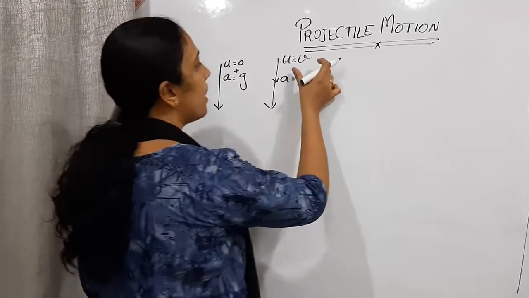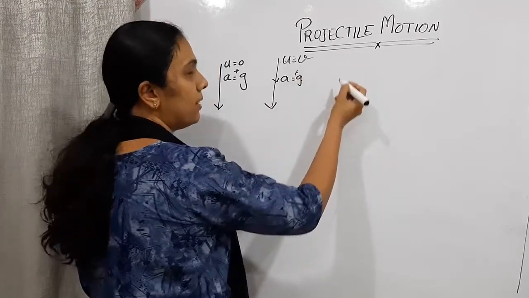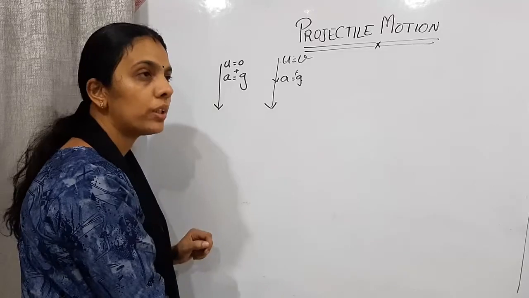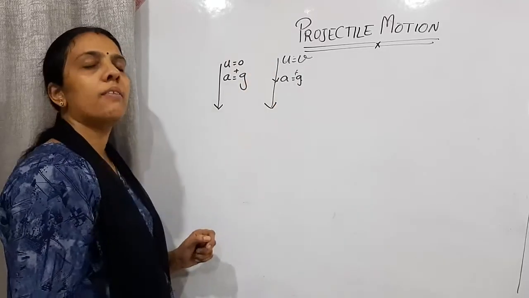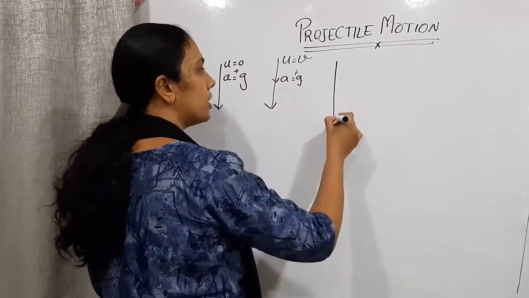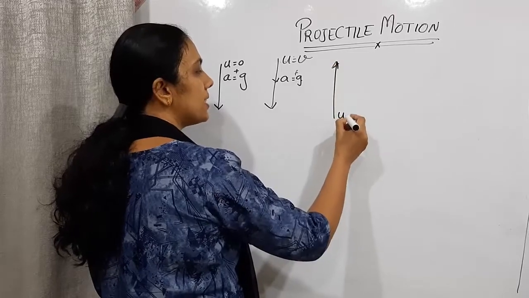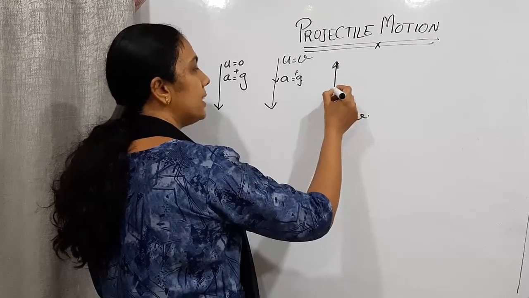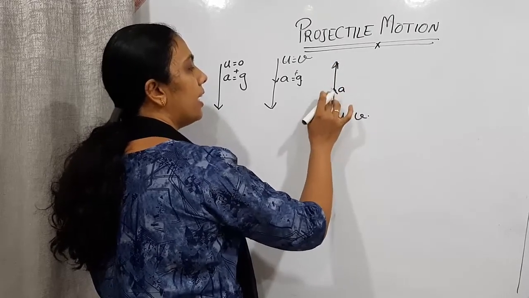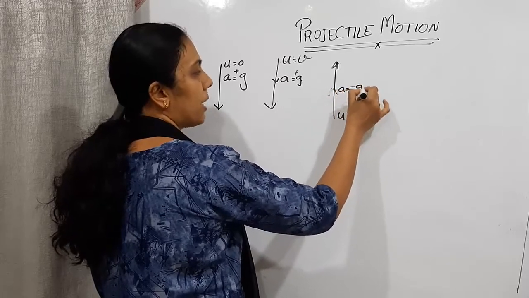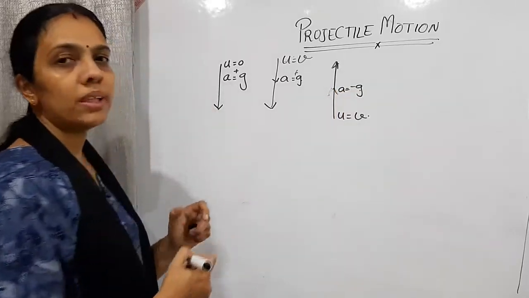Next, I am throwing an object in the upward direction. When I am throwing an object upward, what will happen? Initial velocity will be there and acceleration is acting in the downward direction, minus g. It is downward directional acceleration.